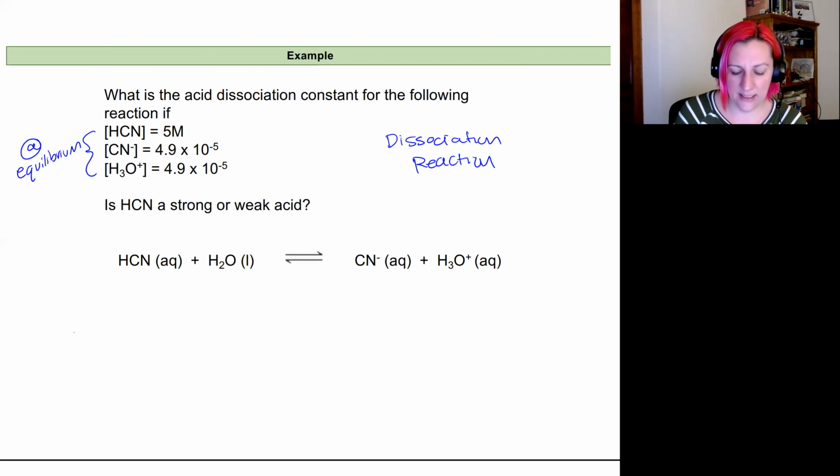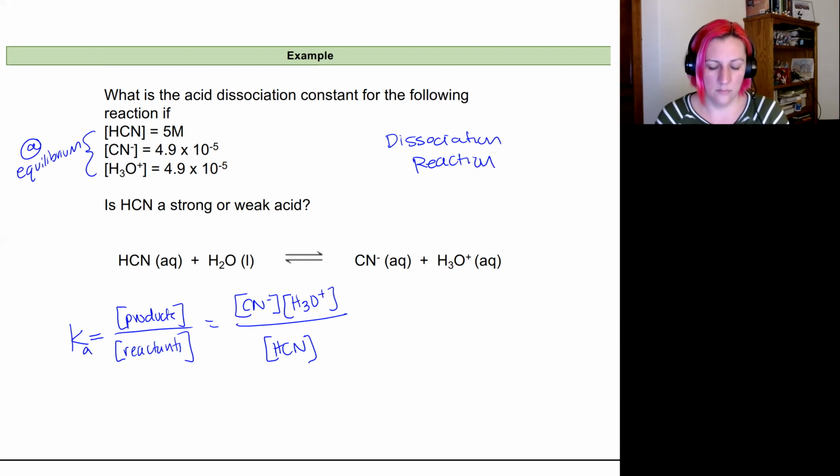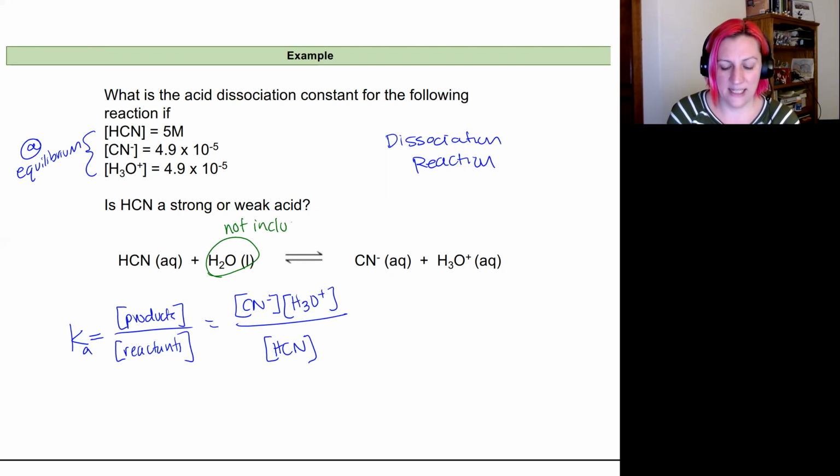So writing this out, remember our equilibrium constants are always going to be our products over our reactants. So a few things to note. I'm not including water because it has a phase of liquid rather than aqueous. Also, all of my coefficients here are 1.